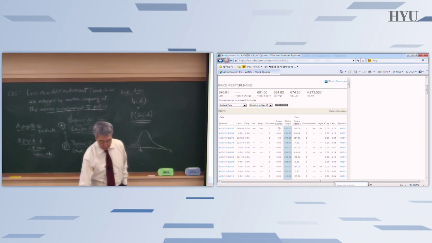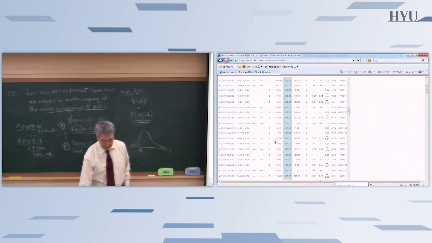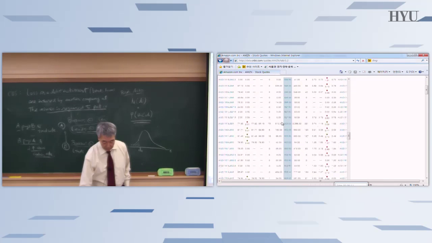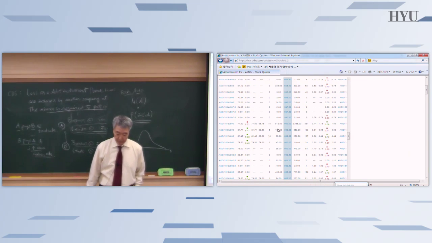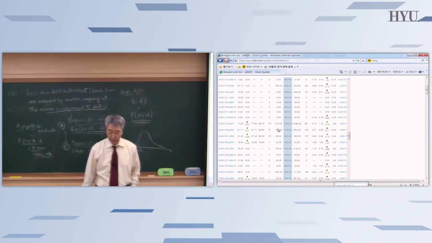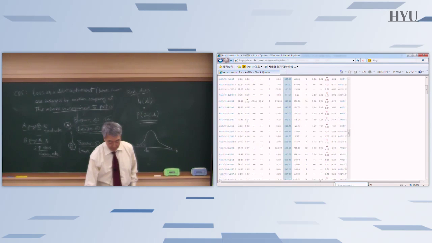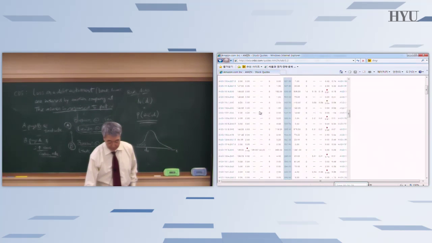Open interest is in number of units. I think I told you each unit is 100 shares. If you go down here, there is some open interest, 812 units remaining, right? Apparently there is some gap between the bid price and ask price. And this is the last price. It's a little bit dumb.